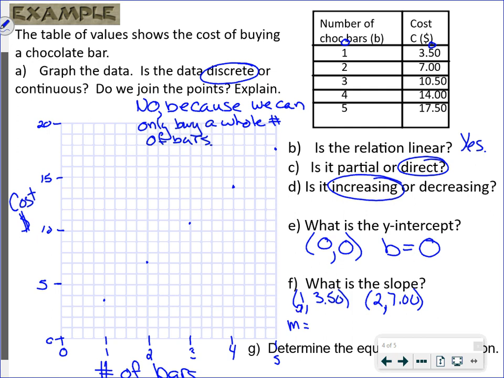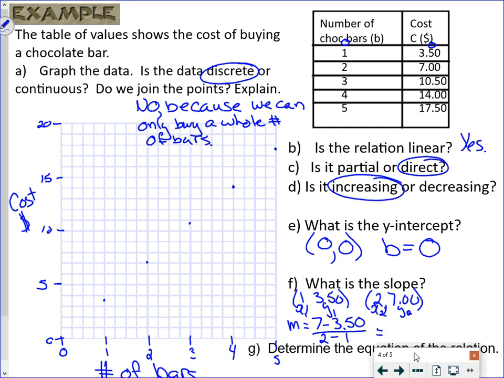I guess I should label these first. So x1, y1, x2, y2. So we'll have y2 is $7 minus y1 is $3.50. In the denominator, we'll take our x2, which is 2, and subtract our x1, which is 1. So when we calculate this, we will get 7 minus 3.50 is 3.50. 2 minus 1 is 1, so it'll just be 3.50. So the slope tells us that each chocolate bar costs $3.50.